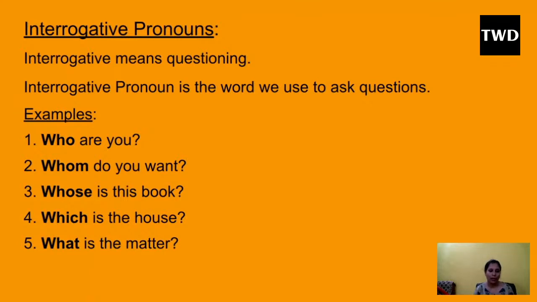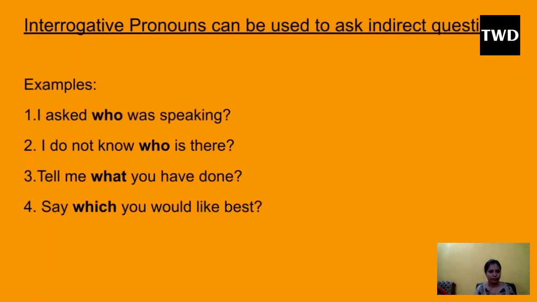Who are you? Whom do you want? Whose is this book? Which is the house? What is the matter? All these are interrogative pronouns, since all these words help us to frame the question sentence. So here, who, whom, whose, which, what, all these are interrogative pronouns.